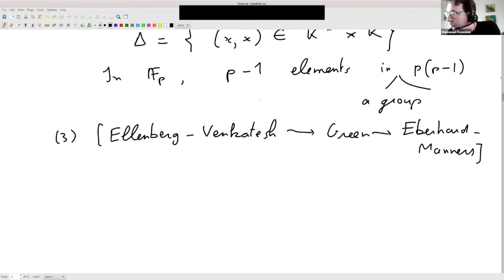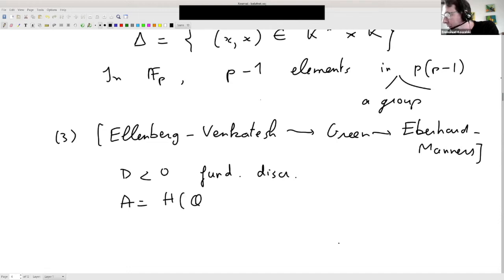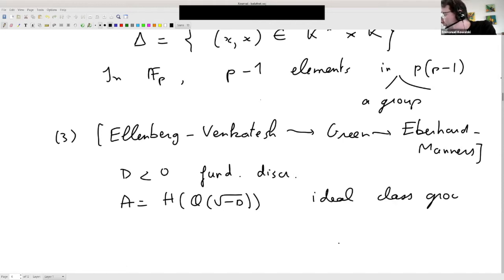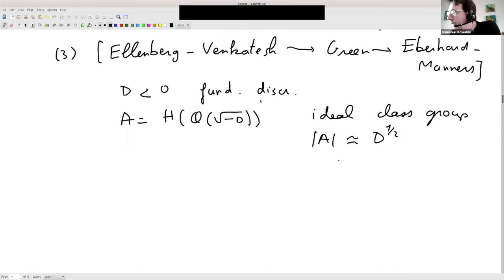It's really quite beautiful. So you take D, a fundamental discriminant of an imaginary quadratic field, and you look at the ideal class group. So the abelian group is the ideal class group. The size of A is something like D to the 1/2 with small fluctuations.